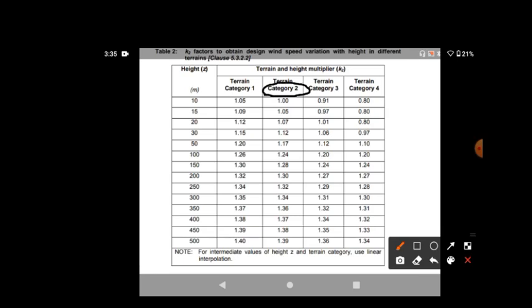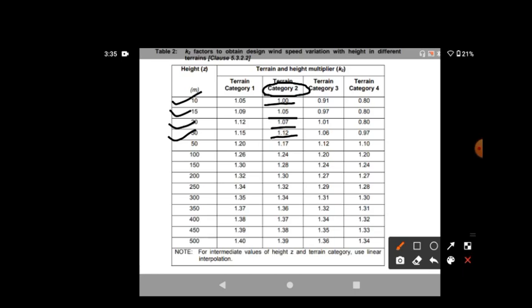For different heights, for example for 10 meter in terrain category 2, K2 is 1. For 15 meter it is 1.05, for 20 meter it is 1.07, and for 30 meter it is 1.12. The total height of our building is 33 meter.